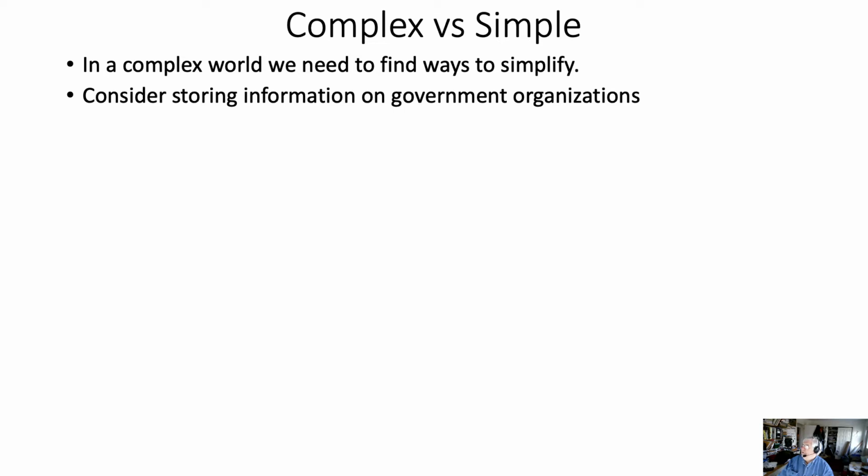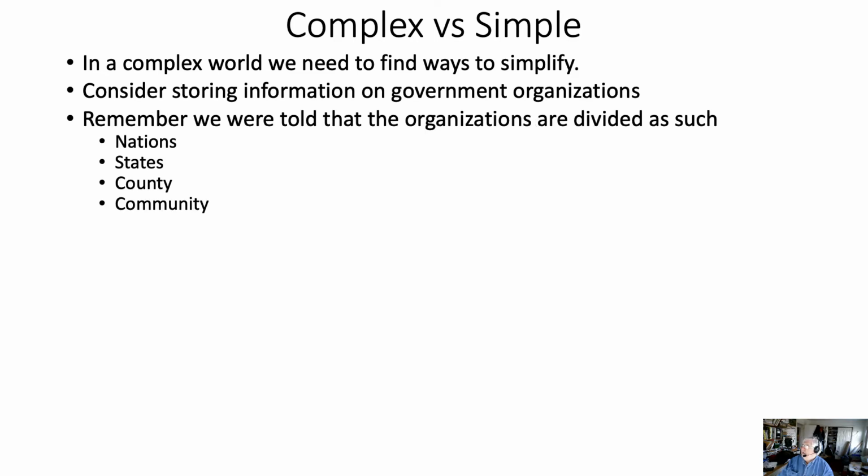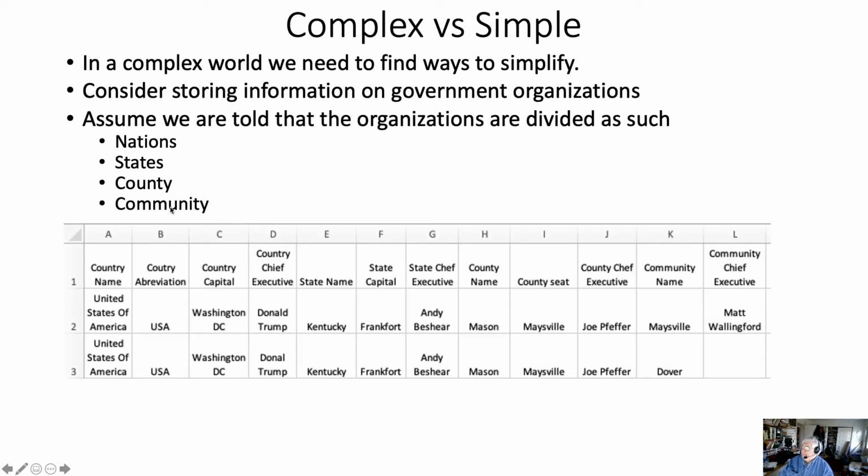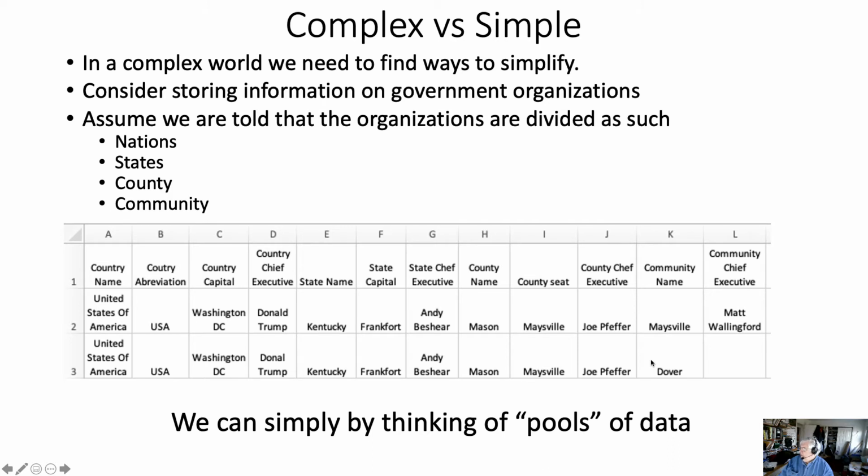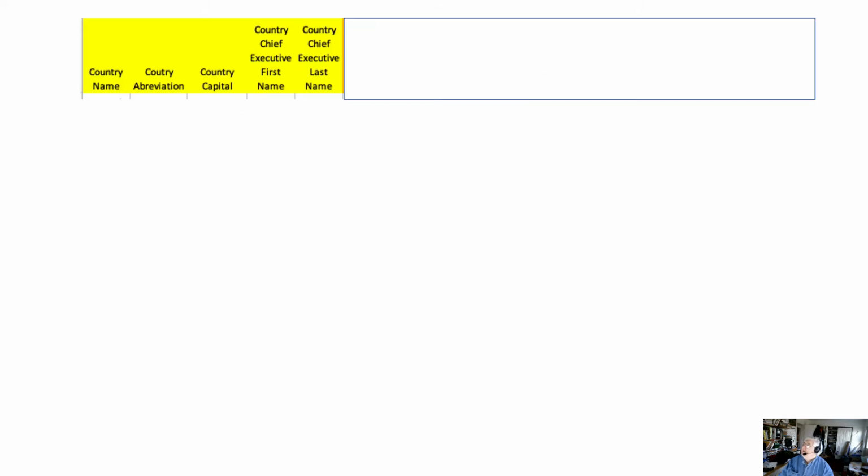All right, one of the things we said is consider storing information on government organizations. And remember, we said we had nation, state, county, and community. Well, we had it all on one spreadsheet, and we solved the problem of having to rekey so much stuff. Let's think of pools of data. These columns are really all that we need to keep up with the country pool.